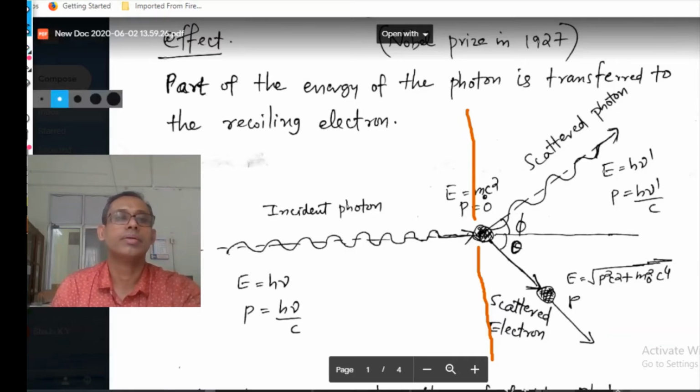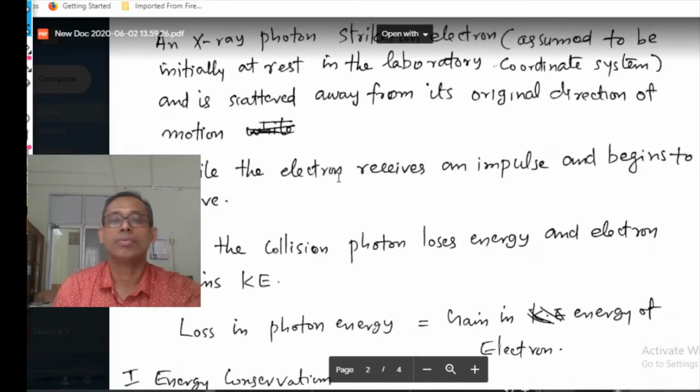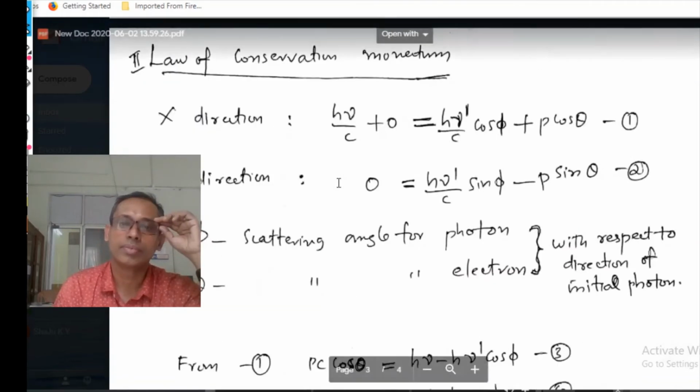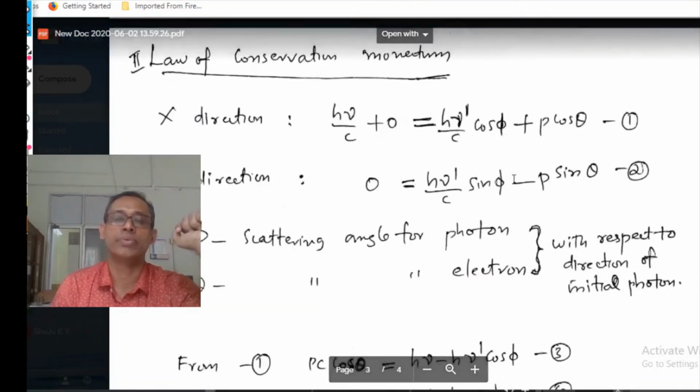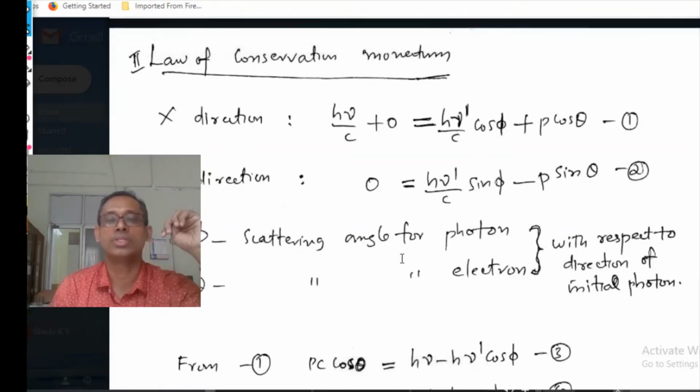So along x direction, this is the law of conservation of momentum equation, and along y direction, this is the law of conservation of momentum equation.